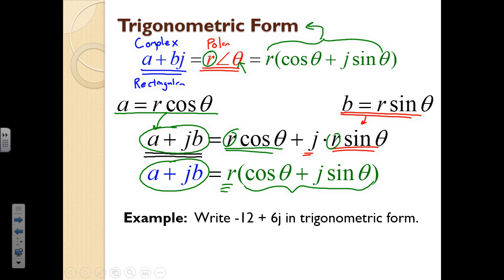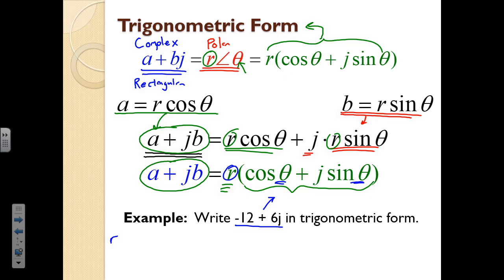But in the meantime, let's just write this number negative 12 plus 6j. Let's write that in trigonometric form. So in other words, we need to make this take on that form. So we need to know the same 2 things as we would if we were going to polar form. We got to find our r value, and we got to find our angle. Okay, so we already know how to do that.